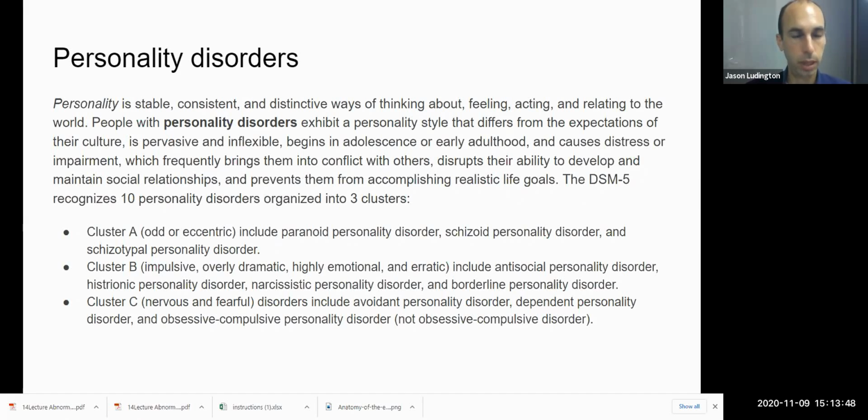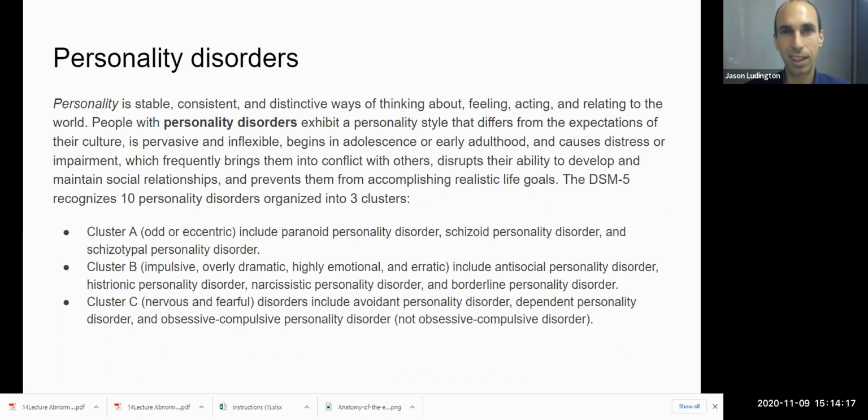A person with a personality disorder exhibits a personality style that differs from the expected in their culture, is pervasive, inflexible, begins in adolescence or early adulthood, and causes distress or impairment, which frequently brings them into conflict with others, disrupts their ability to develop and maintain social relationships, and prevents them from accomplishing realistic goals.